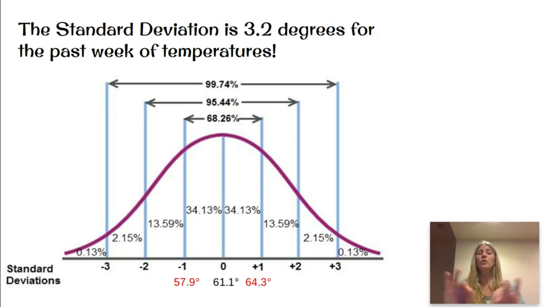When we go out 2 standard deviations, we're bumping that up to 95.44% of our values. So that means 95.44% of the time, our temperature is between 54.7 and 67.5. And finally, the 3rd standard deviation out is temperatures between 51.5 degrees and 70.7 degrees. So most of our temperatures are between those two.